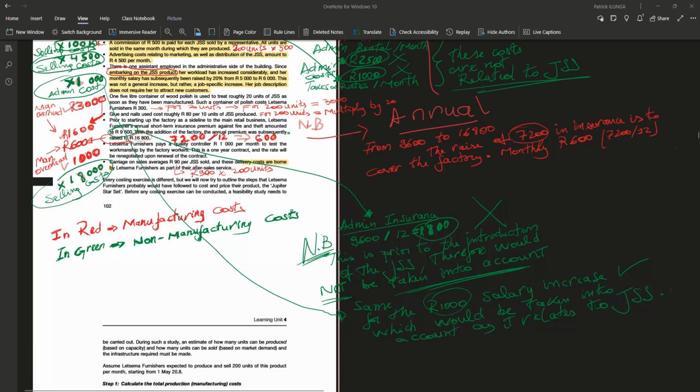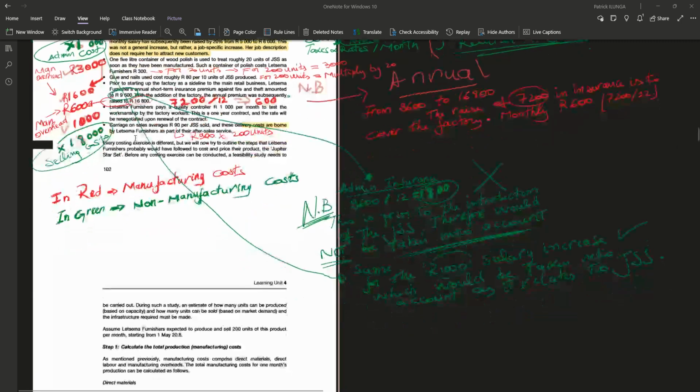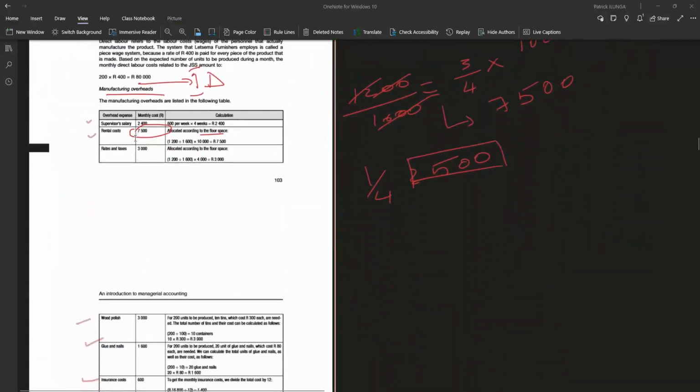Obviously, this is yearly. Therefore, the difference between 16,800 and 9,600 that was prior to the project will give us 7,200, right? And that's why we need to divide this by 12, because we want to find just for a month, right? And that's what gives us that 600 for insurance.